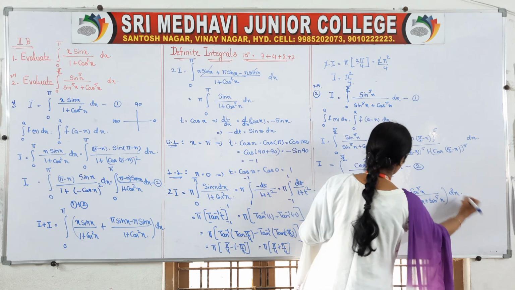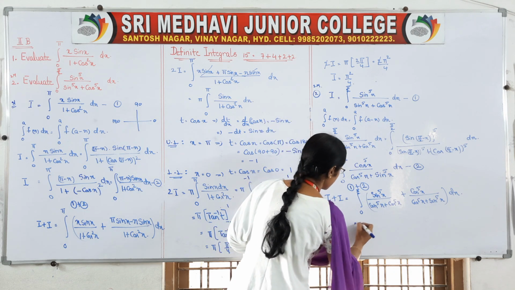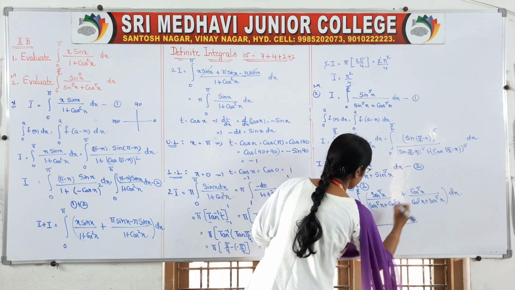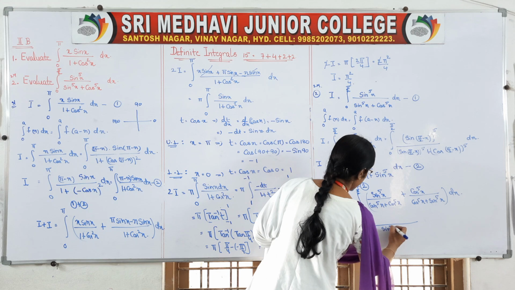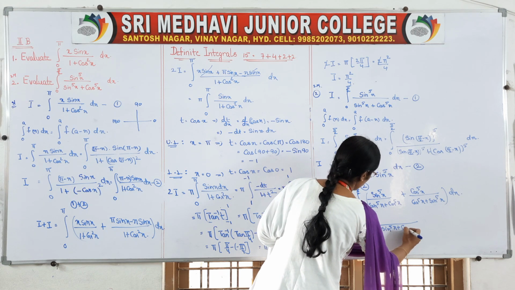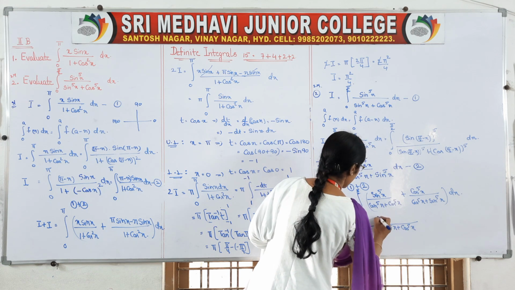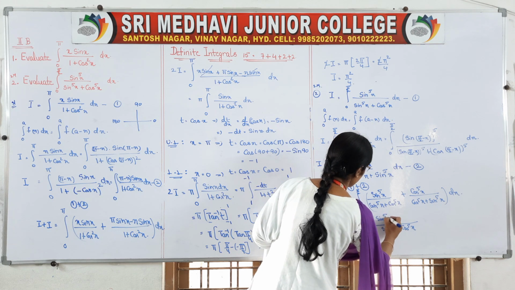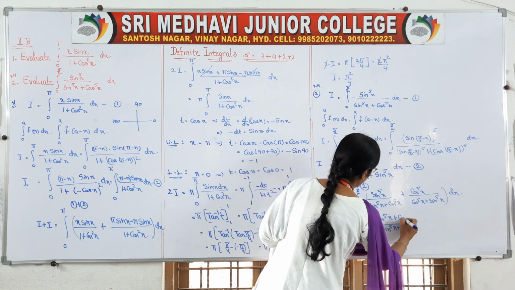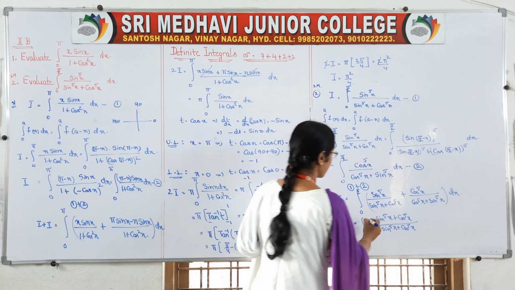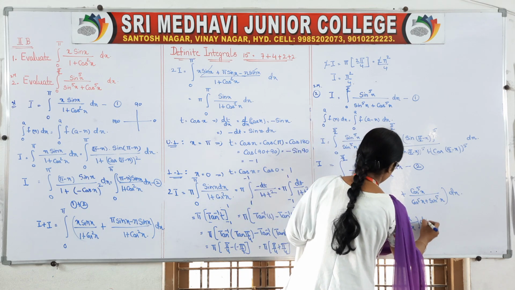If you take the LCM, it is the same: sin to the power of 5x plus cos to the power of 5x, upwards also, into dx.